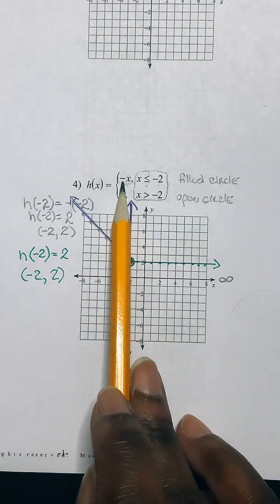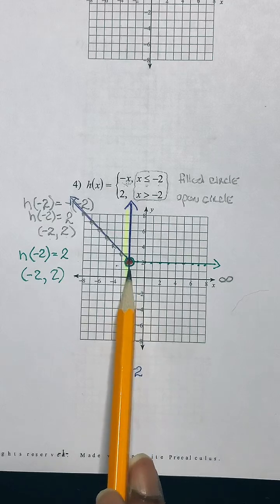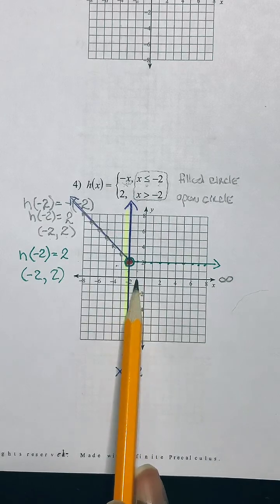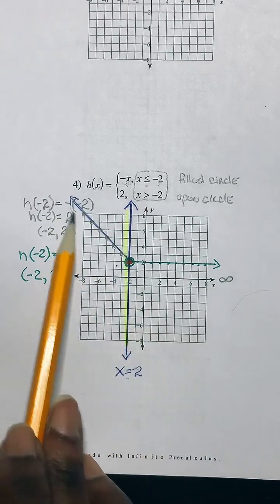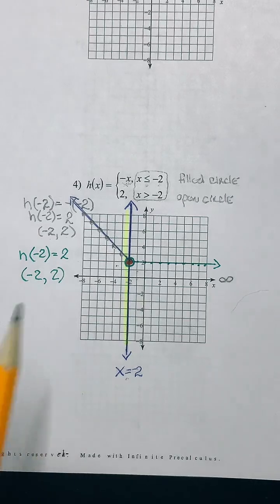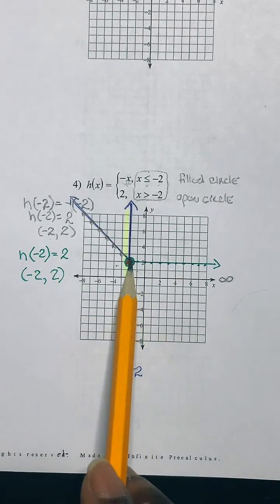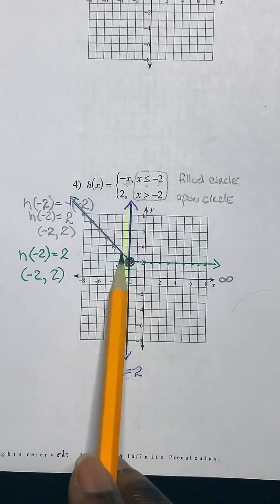Since my slope originally is a -1, I normally would go down one and to the right one, down one to the right one. Once you get your groove on and you want to draw your line, you can do that. But here's another way you can do it. You can start at your new starting point. I will go up one and to the left one.